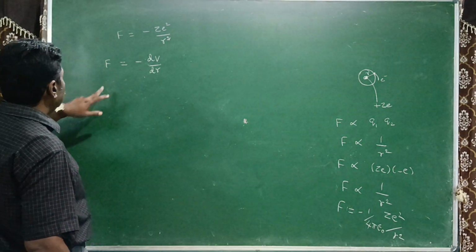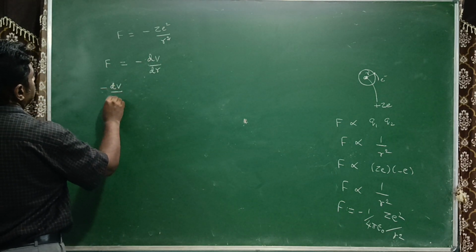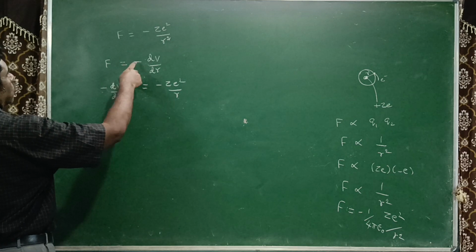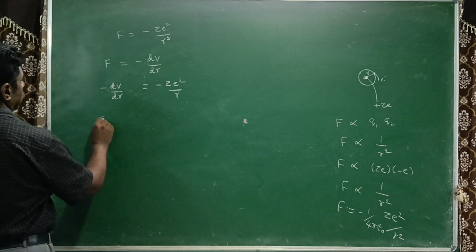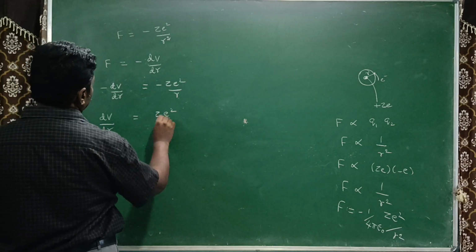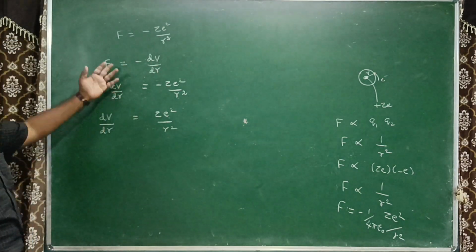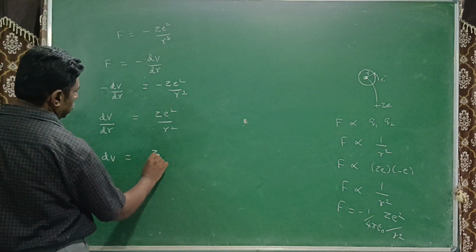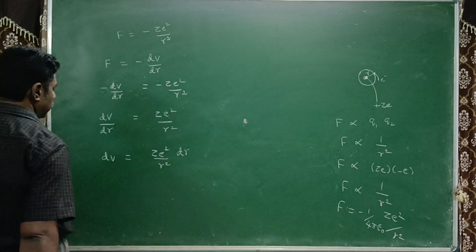We need the value of V. Here, minus dV by dr is equal to the force, minus Z e square by r square. Then dV by dr equals Z e square by r square. From this, dV equals Z e square divided by r square into dr.